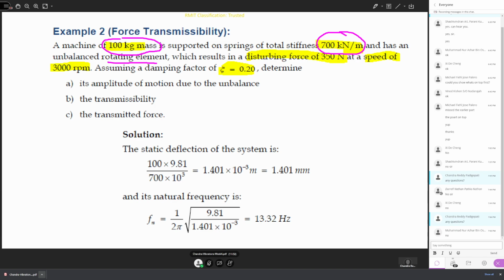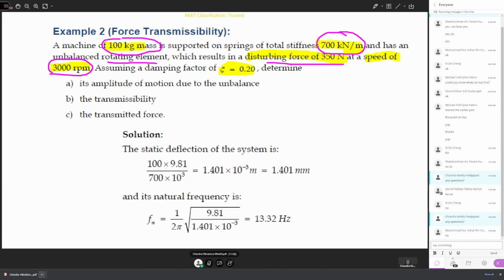When something is rotating unbalanced, there will be a rotational force acting on the system, which results in a disturbing force of 350 newtons at a speed of 3000 rotations per minute. So the force is 350 newtons when the rotational speed of the unbalanced mass is 3000 rotations per minute.